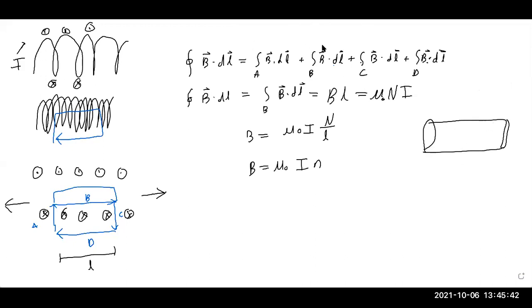The magnetic field is pretty straight and uniform on the inside, but it starts fanning out at the edges.